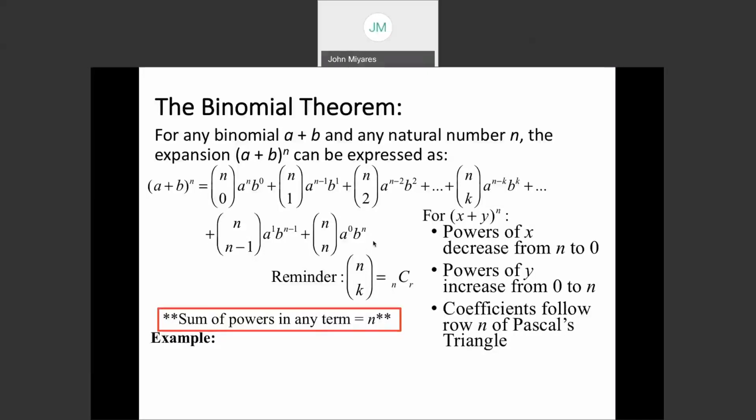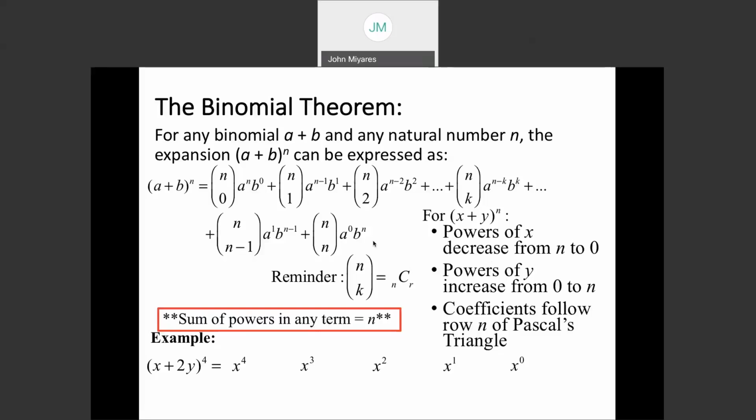Let's look at an example that's a little more complex than just x and y. Here we have x plus 2y all raised to the fourth power. The powers of x are going to decrease from x to the fourth all the way down to x to the 0, as shown here.